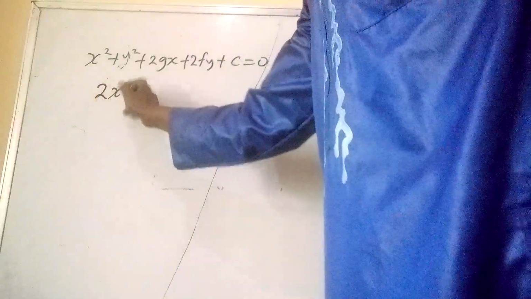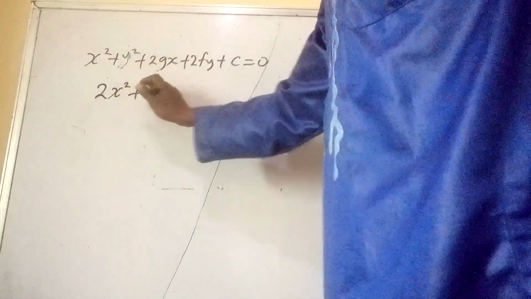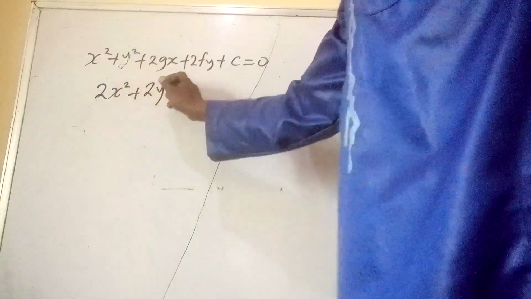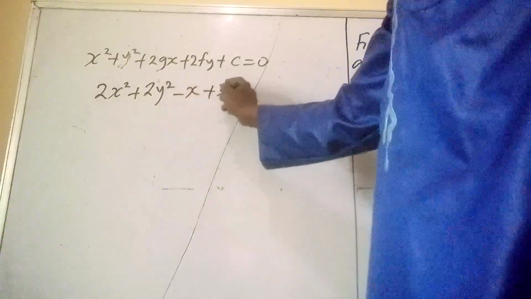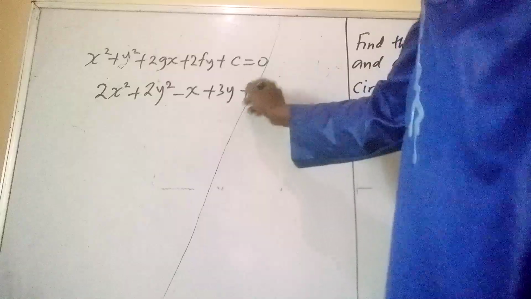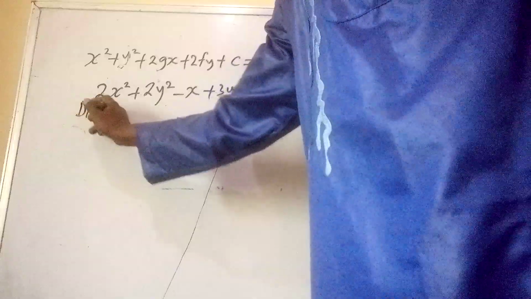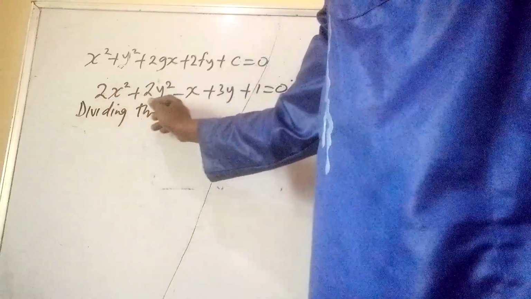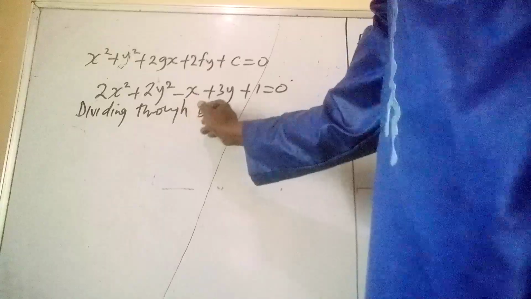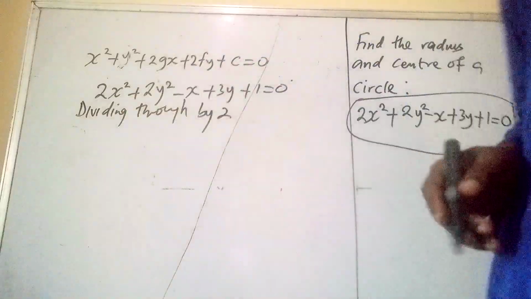2x squared plus 2y squared minus x plus 3y plus 1 equals 0. Dividing through by 2, which is the coefficient of x squared and y squared, what do we have?